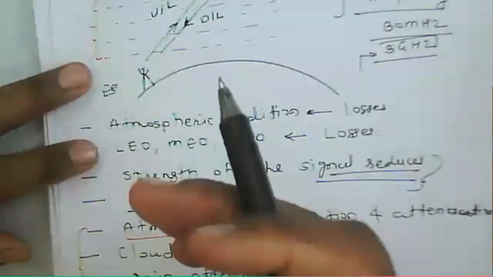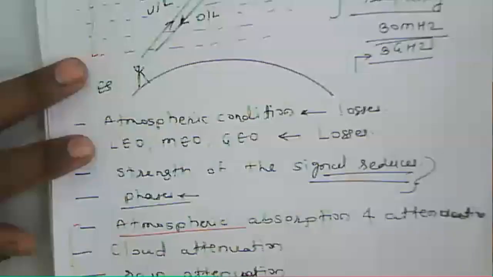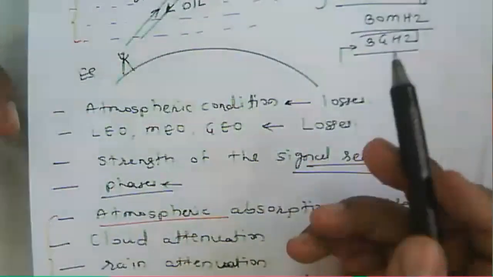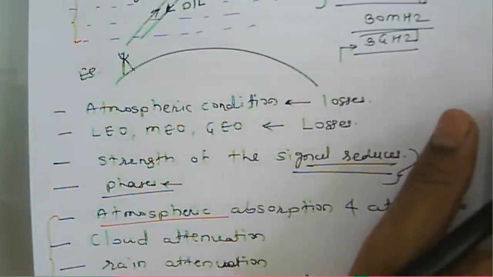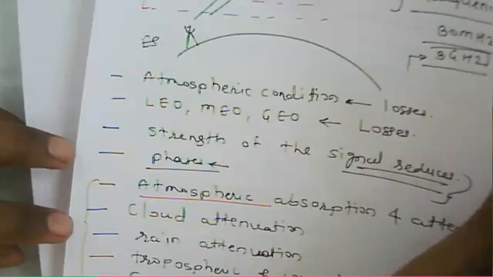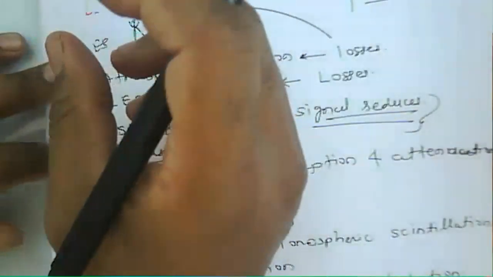That is nothing but the attenuation due to the cloud and rain at that particular frequency. But if there is no cloud and rain, the signal will be clearly received by the dish TV. But due to the rain or cloud, the signal gets affected.